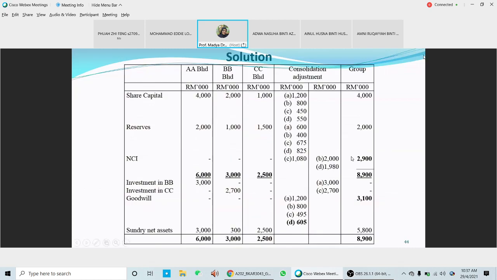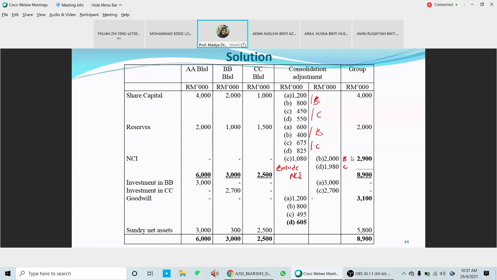Okay, so proceed with the adjustments that we have here. The adjustments A, B, C here refer to the previous journal entries. So this is the journal entry in B, this one is for C. This is for the eliminations that you have in journal entry C. So eliminations to exclude the NCI. This 2 here is for the NCI that we have for B, and then 1980 here is in C. Investments we need to eliminate.